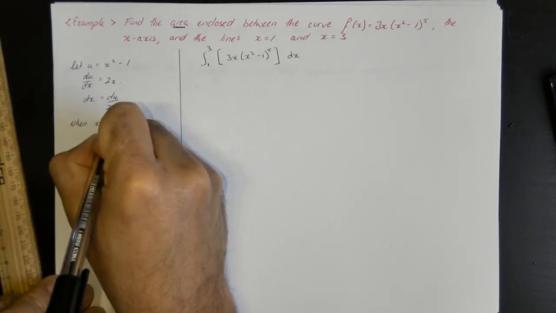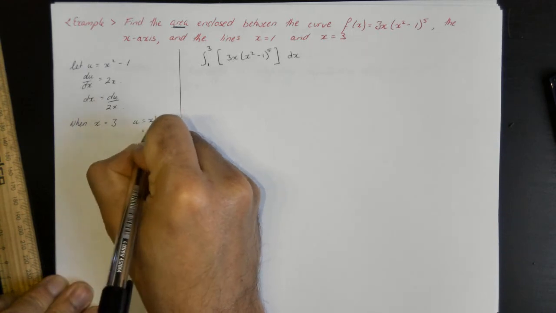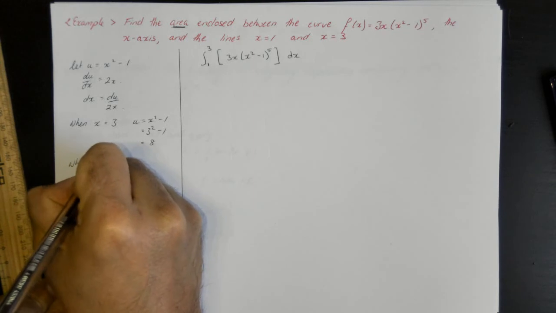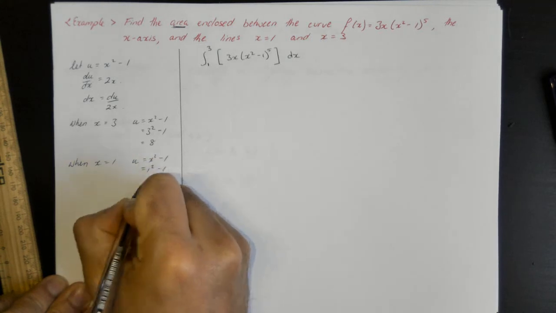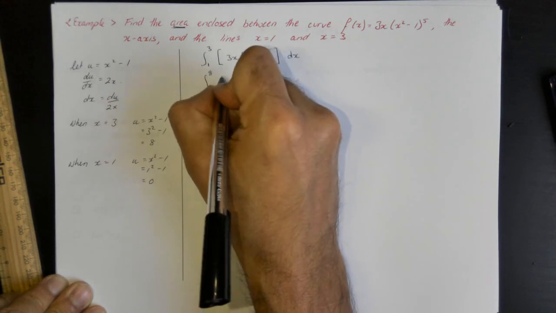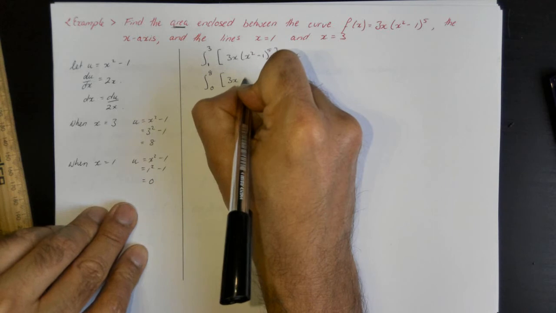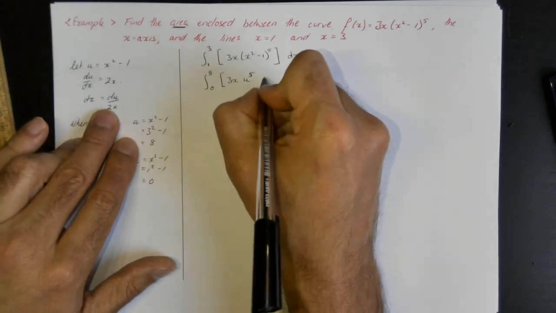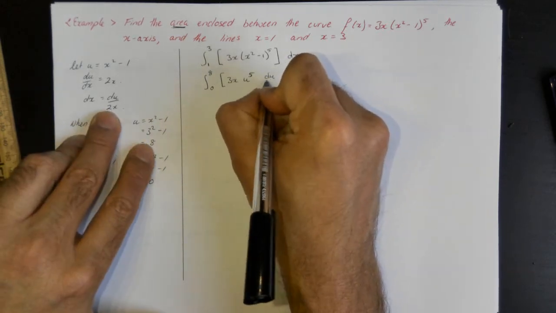When x equals 3, and when x equals 1, so I'm going to go from 0 to 8 of 3x times u to the power of 5, and dx is now du on 2x.